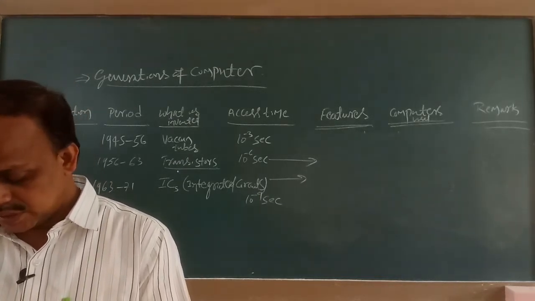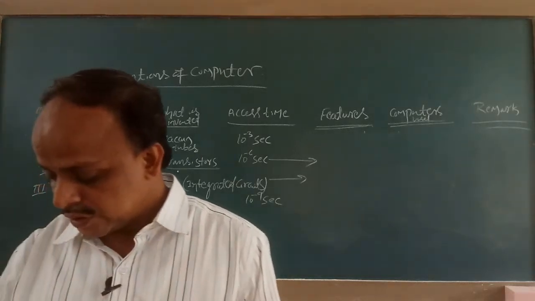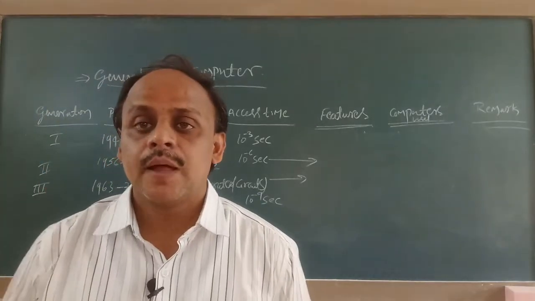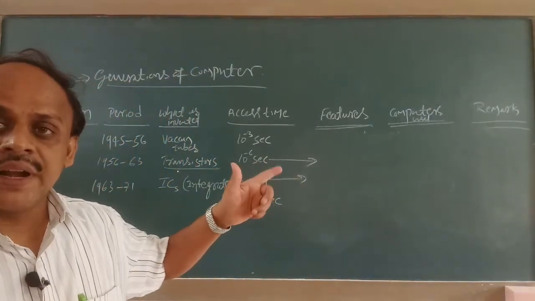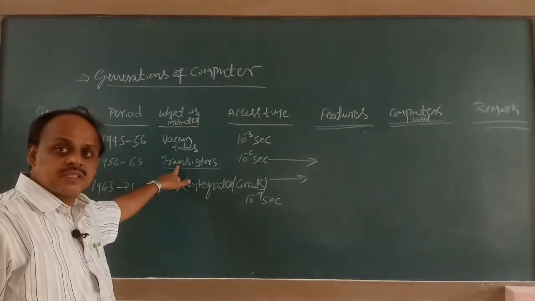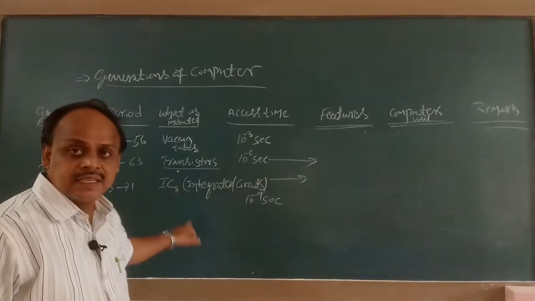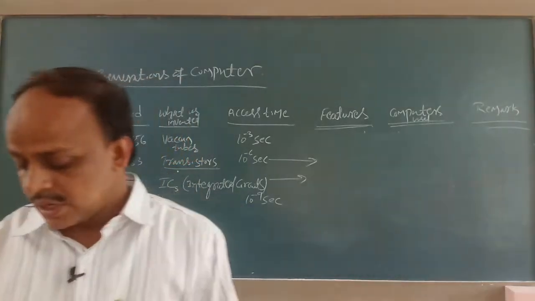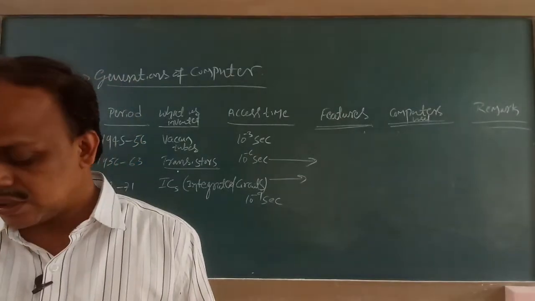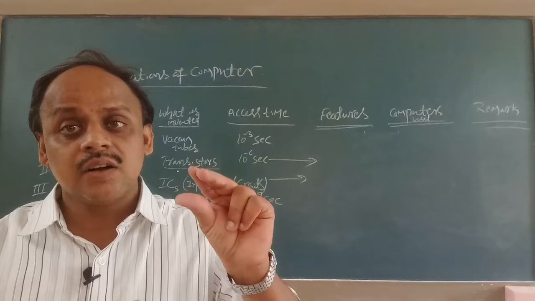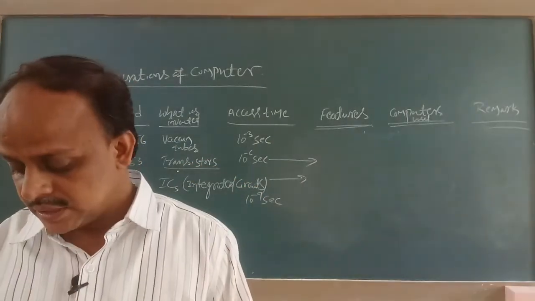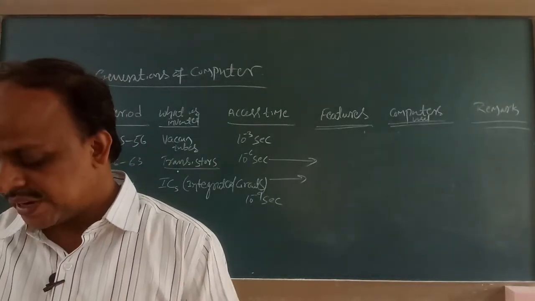And features means integrated circuits on silicon chips were used for internal operations. Means in the first generation, for internal operations, vacuum tubes are introduced. In the second generation, transistors are used. In the third generation, ICs, that is integrated circuits, are used. On silicon chip, integrated circuits are used for internal operations, and microcomputers were introduced.